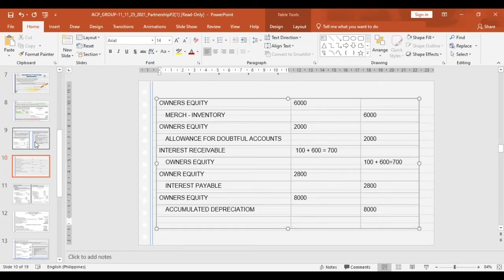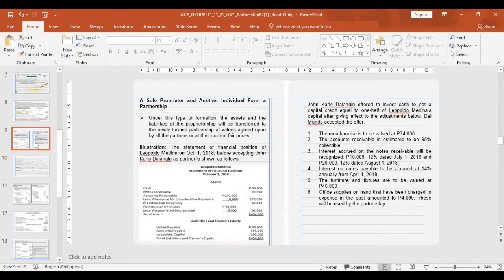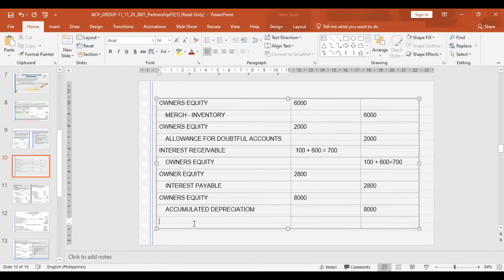Then last entry natin, office supplies on hand that have been charged to expense in the past amounted to 4,000. This will be used by the partnership. So, may office supplies daw na dati ginawang expense pero magagamit pa pala siya. Lalo na sa partnership. So, magre-record tayo ng office supplies. Supplies, owner's equity.